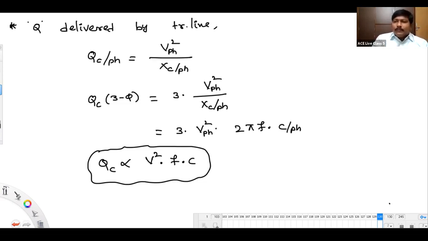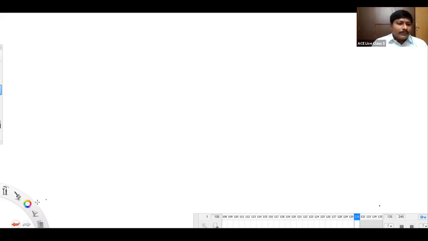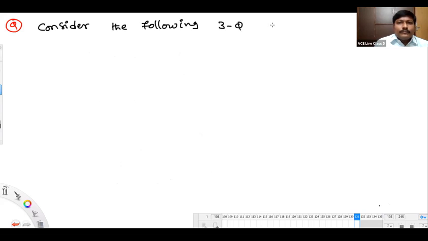Next, let's look at some problems in this capacitance calculation. I'm taking up the first problem. Consider the following three-phase system.